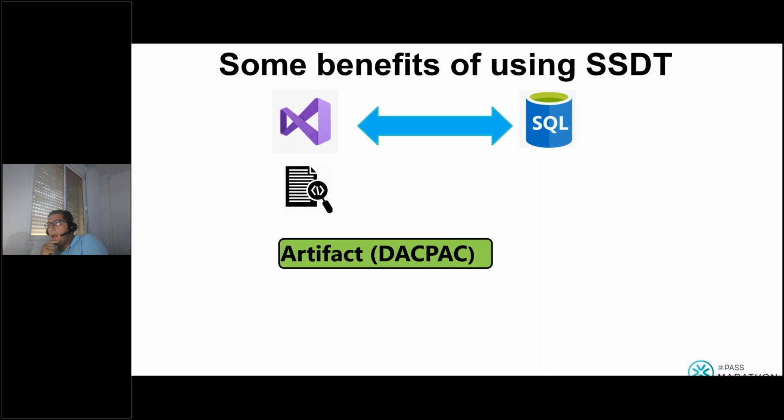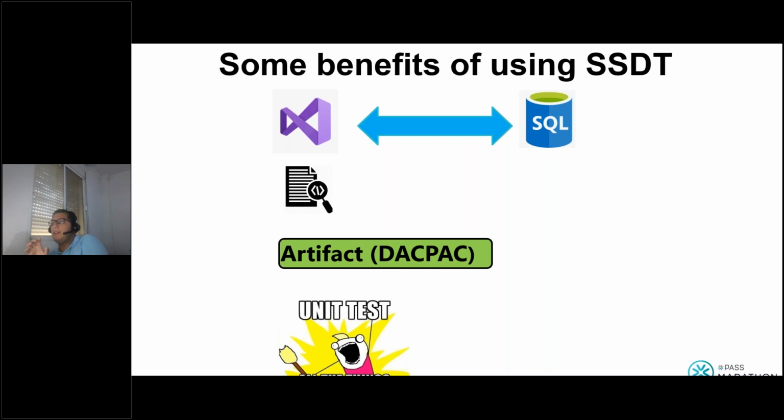This is a magic word for me: artifact. Why? Because at the end of the story, an artifact, which is the result of an SSDT project, allows us to manage these key components throughout the pipeline in our software development code. And finally, the unit test.